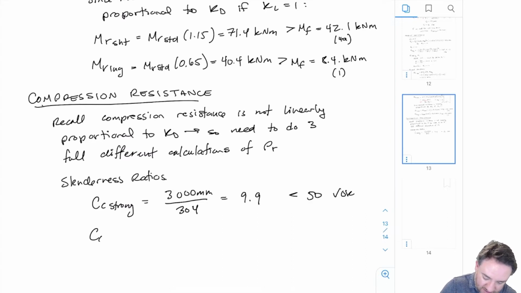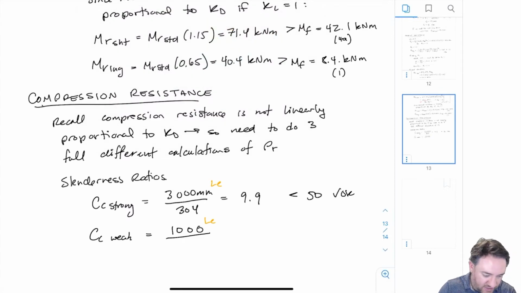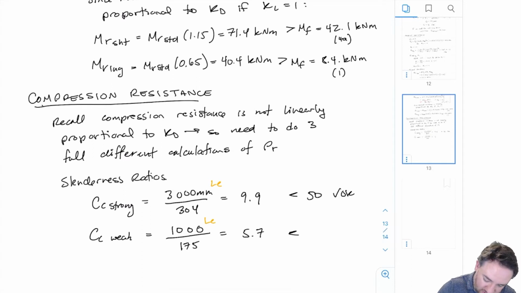CC weak has an effective length, so let's remember that this is LE and this is LE. Effective length of 1,000, and the cross-section dimension is 175 in the weak axis, and I get 5.7, which is also less than 50, so that's okay.